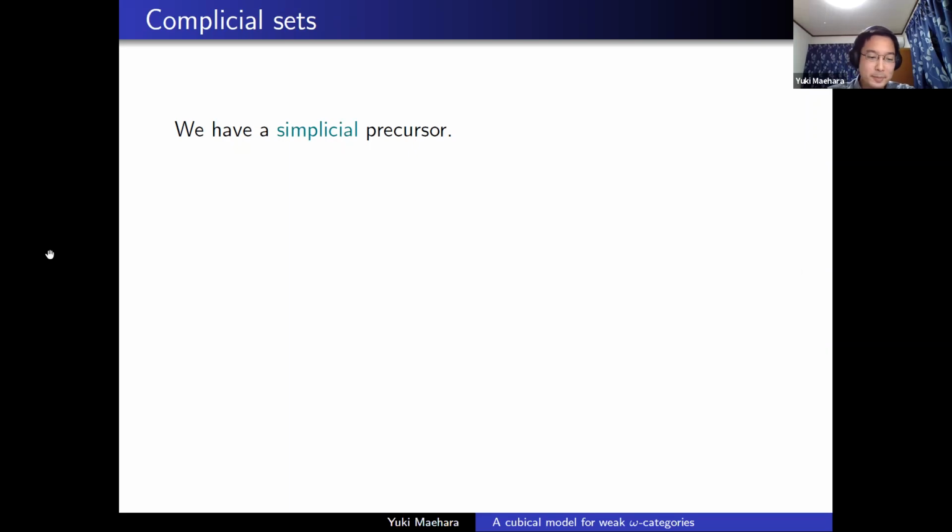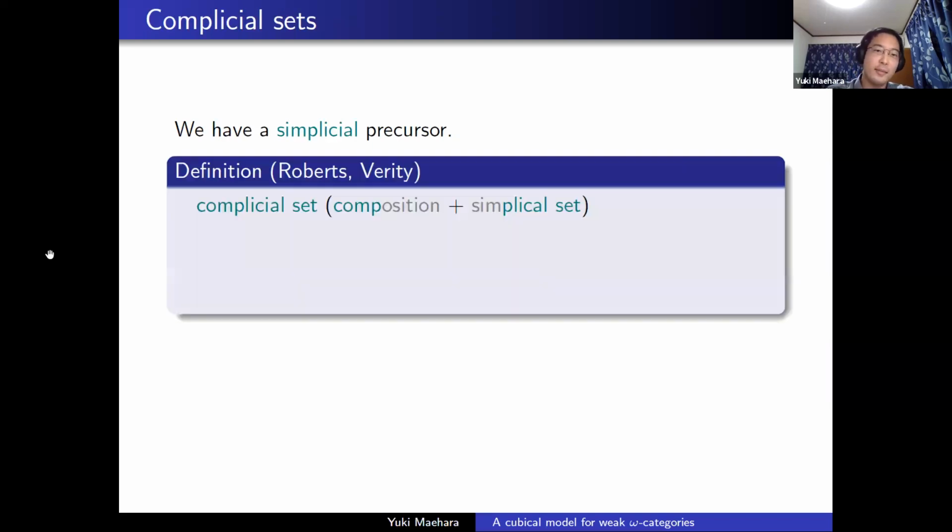So basically, everything I've talked about so far has a simplicial precursor. And this setting, what corresponds to the comical sets, the complicial sets, so the strict version, was originally proposed by Roberts, and the weak version has been quite intensely studied by Verity.